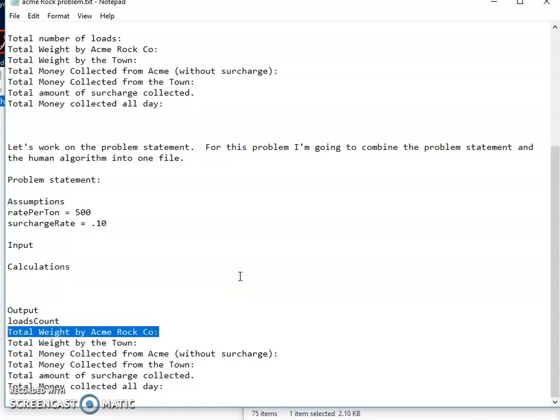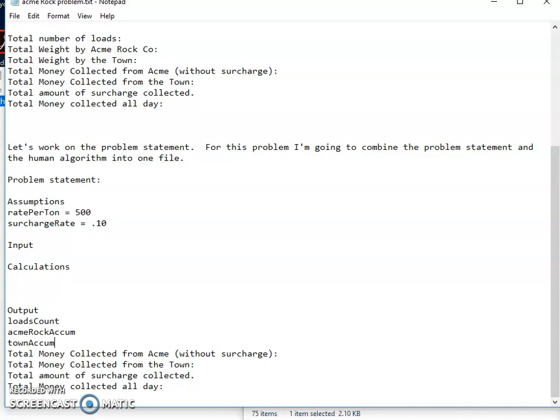So let's call this Acme Rock Accum. All right. And we also have our town. So that is going to be town accum. We could have put accum weight on there or Acme weight accum, but I don't want to make it too big for our flow chart.